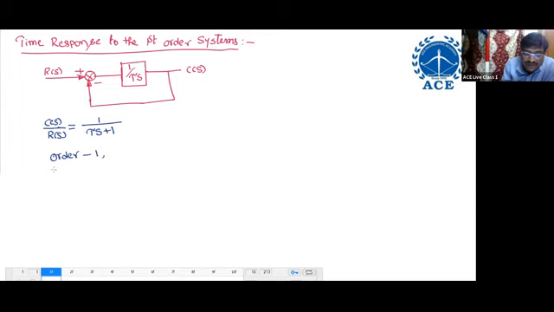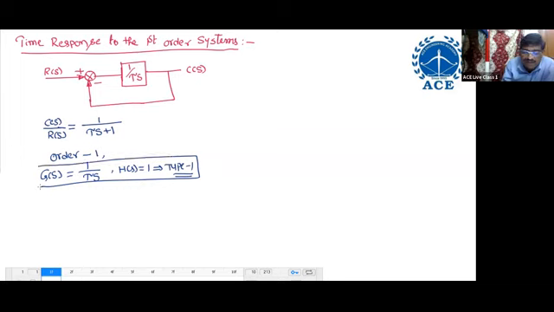For type you have to observe G of S, where H of S must be 1. So type is 1. A first order system having type 1 and order 1.